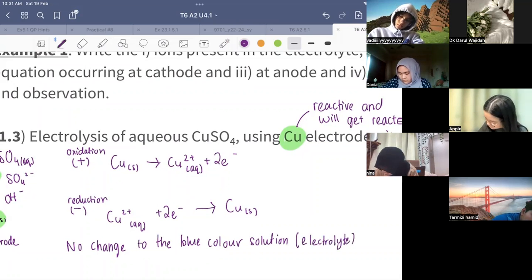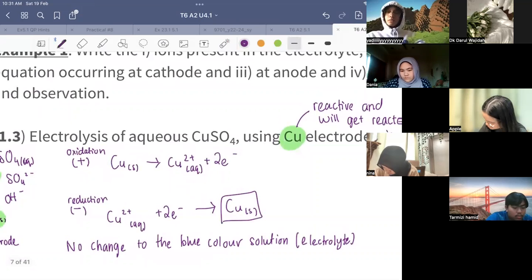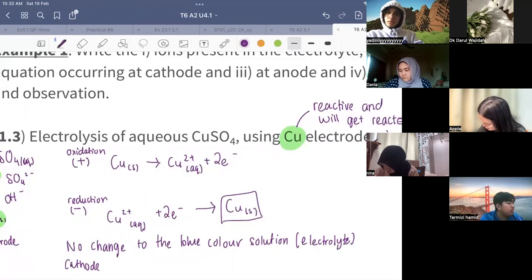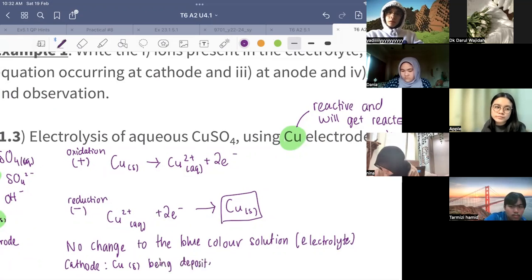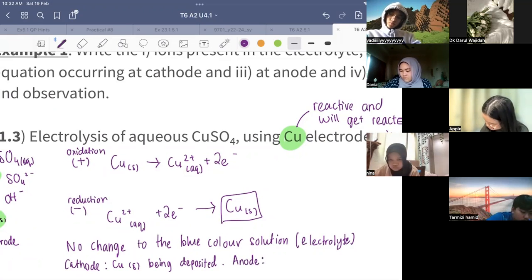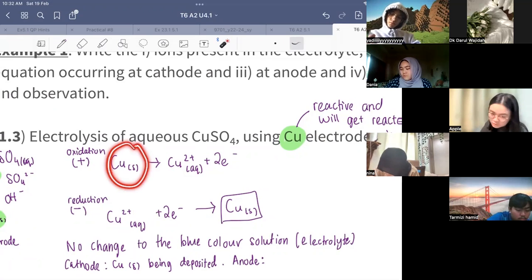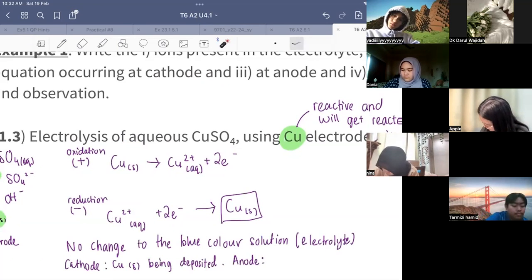However, of course, you will observe at the cathode copper solid being deposited, and at the anode, since the copper is being used up, the mass of the anode will decrease, or the metal will start to thin out.